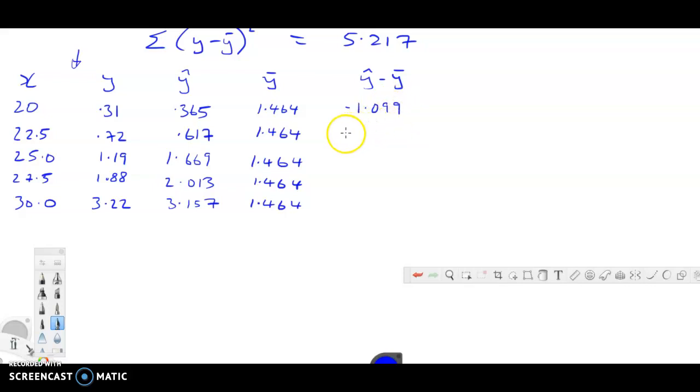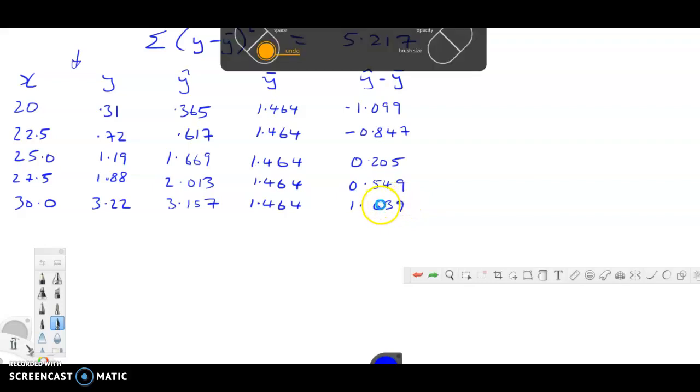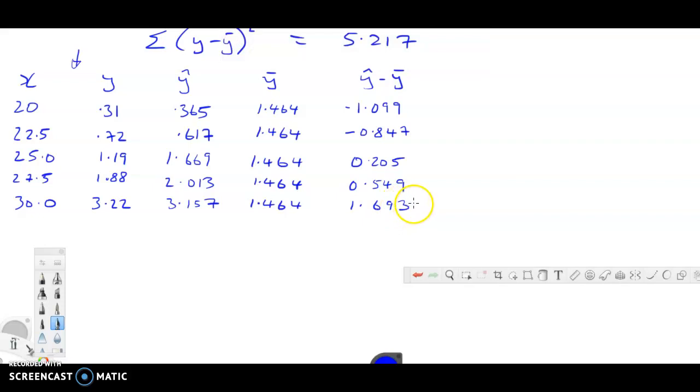And the next one then will be minus 0.847, and we get 0.205 and 0.549 and 1.693.